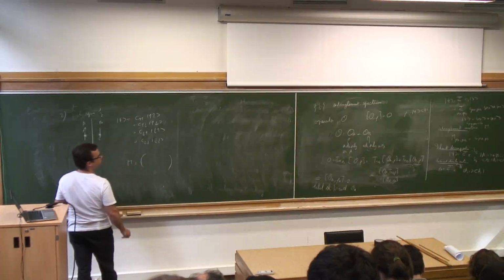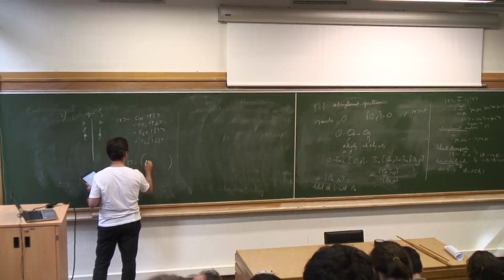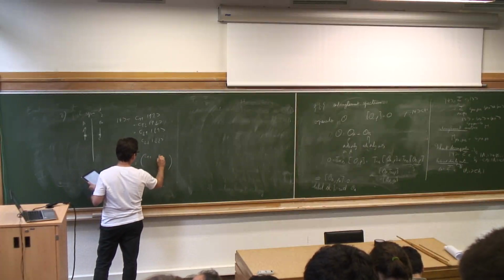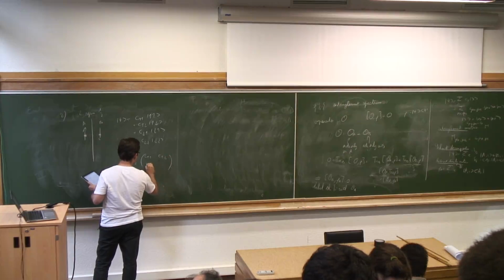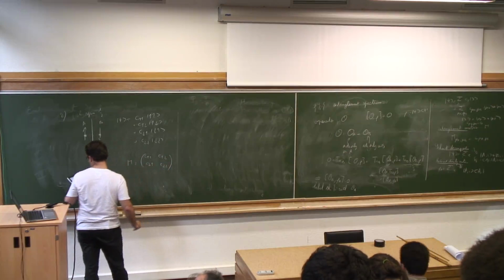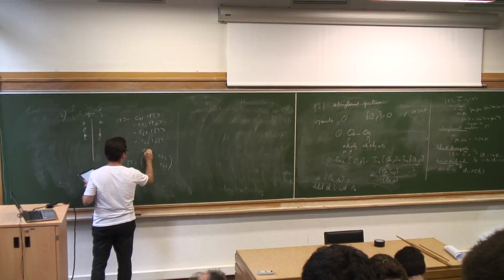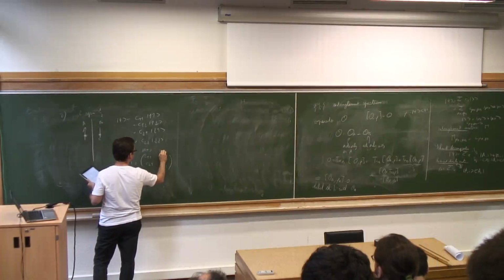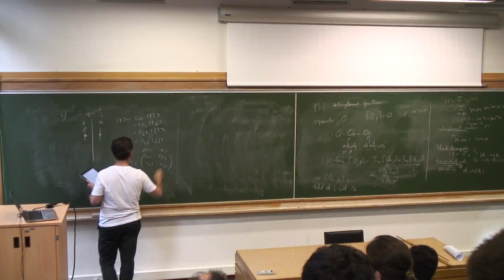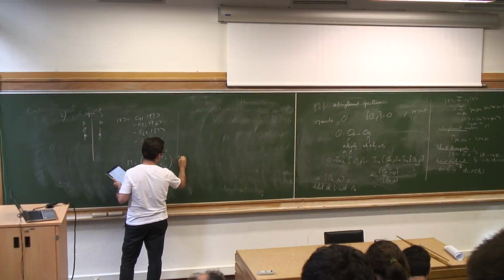The entanglement matrix for this state will just be this one. So basically here I have the entries for the B part of my system, and here for the A part.